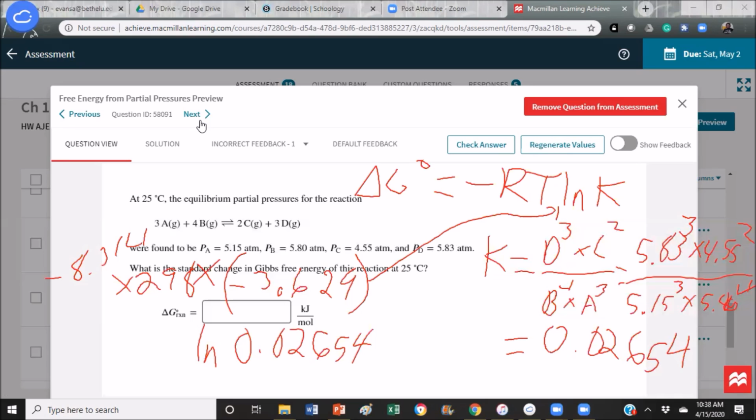So delta G, doing that, I get 8991. However, units. There's kilojoules. This guy's in joules. So we have to divide by 1,000. The correct answer is positive 8.99.